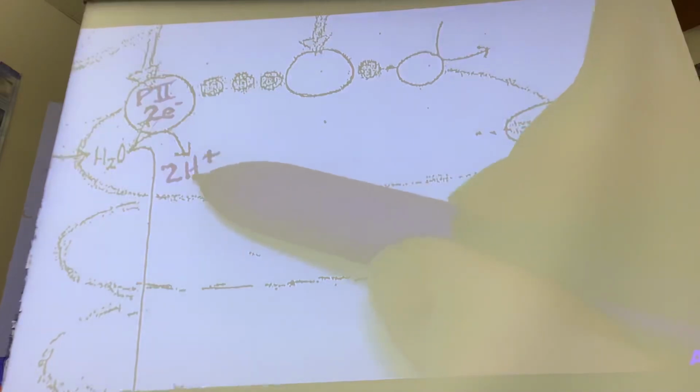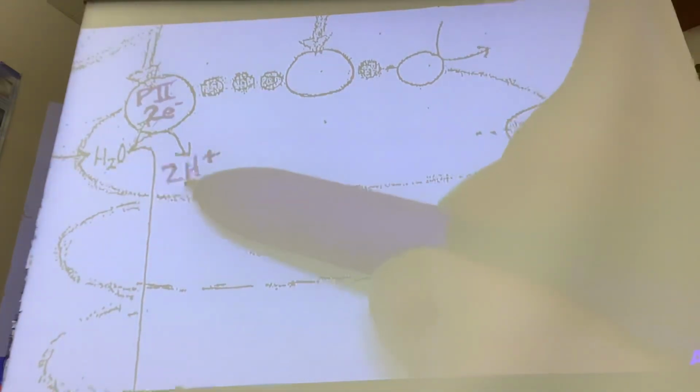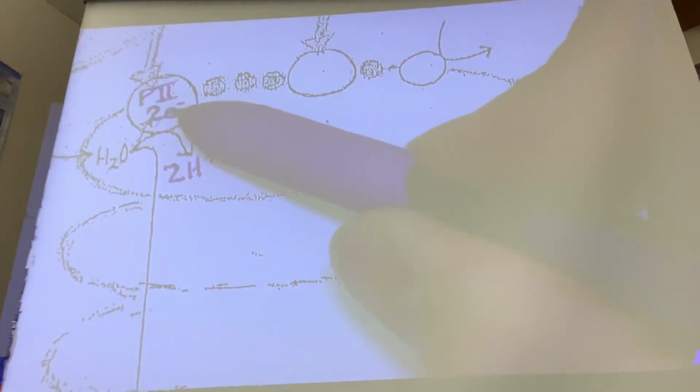And every time we break a water, we're getting 2 protons in here. These electrons now, they're going to get excited by the photons, and they're going to have to move out. And then we're going to get new ones coming in, and then they're going to get excited and move out. So it just keeps going. As long as we have light coming in, the electron movement continues.